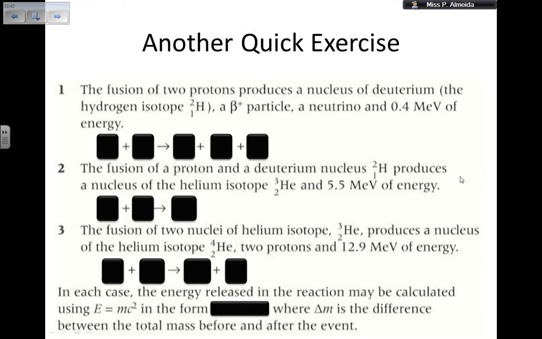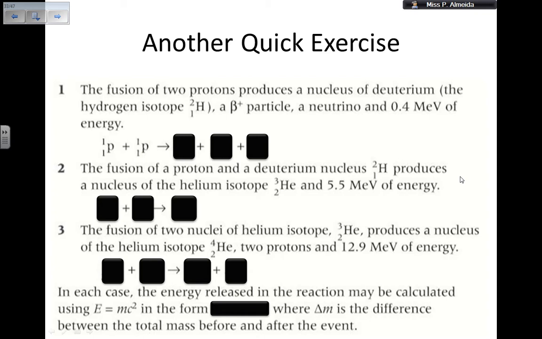Another quick exercise. Let's just do these reactions, okay? So the fusion of two protons produces a nucleus of deuterium, the isotope 2,1 of hydrogen, a beta plus particle, and a neutrino. So I have two protons, so here we go, proton number 1 and proton number 2.